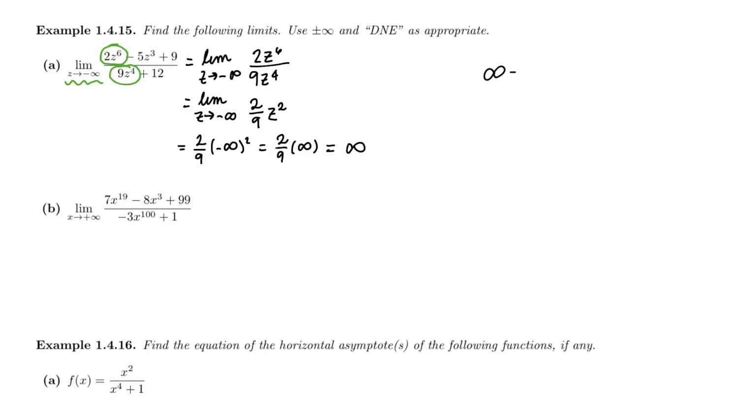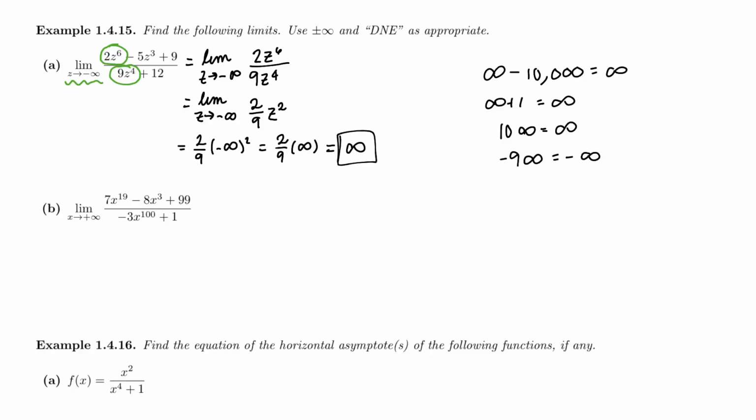You can take infinity and subtract 10,000 and still have infinity. You can take infinity and add 1 to it, and it's still infinity. You can take 10 times infinity, and it's infinity. The only thing weird you could do is if you do negative 9 times infinity, this would be negative infinity. But this one does come out to be positive infinity.